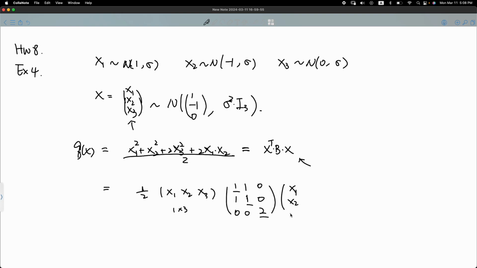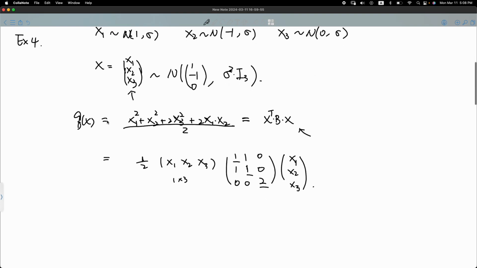So we are able to rewrite the function Q in terms of matrix vector multiplication.